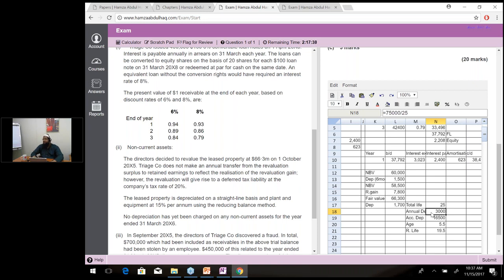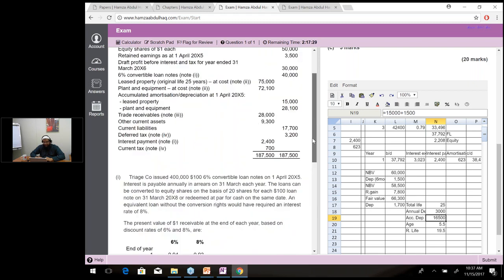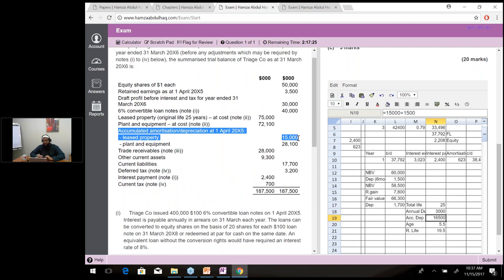Now, if I calculate the accumulated depreciation, the depreciation given in the trial balance was 15,000. Smita, your question is also the same. And plus we have depreciated 1,500 more for the first 6 months. So up to the first 6 months, the accumulated depreciation has become 16,500. Is it clear, Smita?